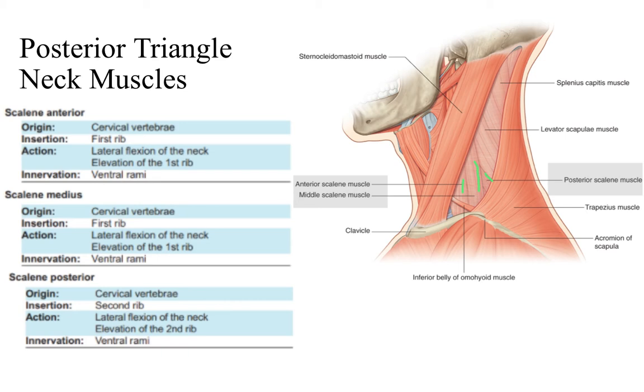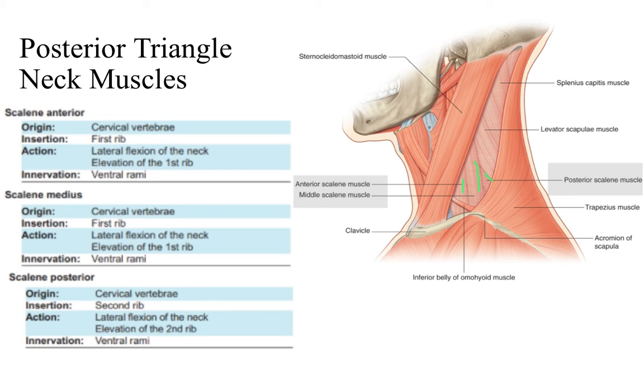And notice that the three of those are oriented more anteriorly. Anterior being the most anterior, middle being just posterior to that, and the posterior being just posterior to the middle and deep to both of those muscles.